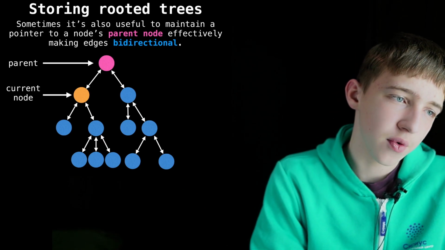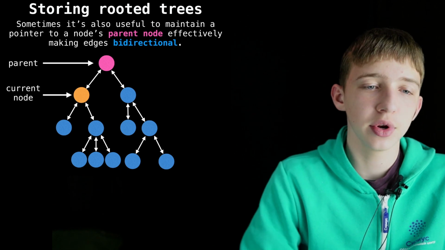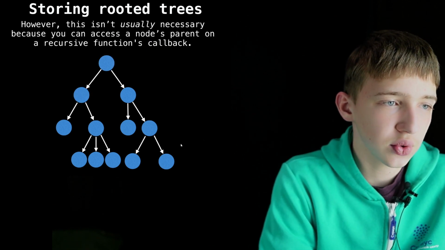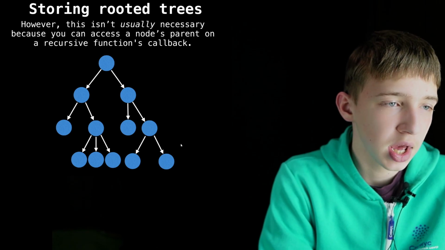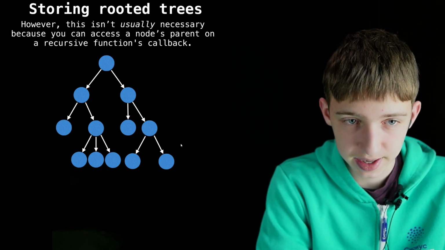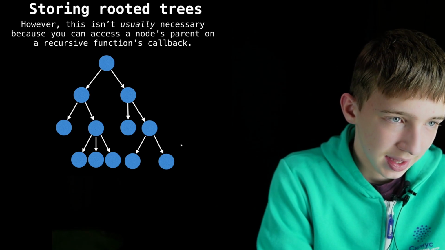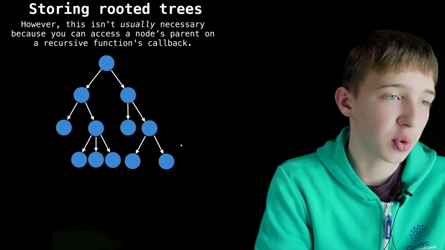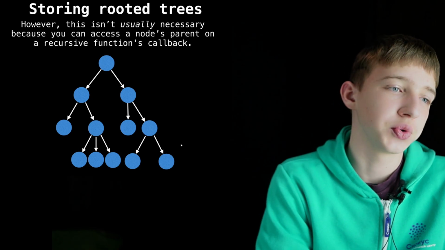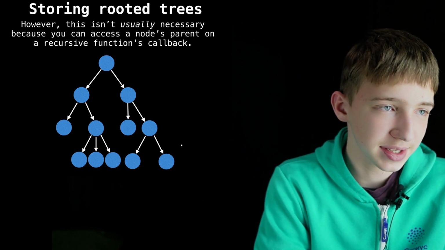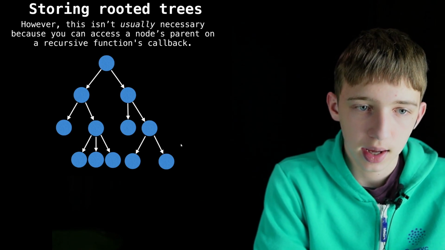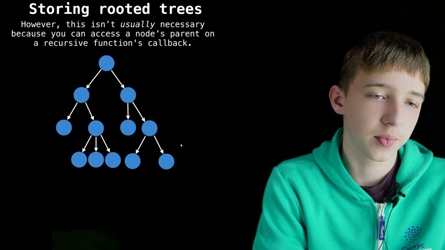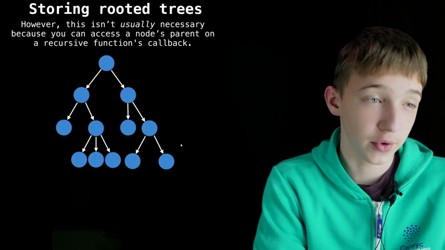In pink, there is a parent node in these slides. Usually it is necessary that we can access a node's parent on recursion function callbacks, to have the ability to make these callbacks on the recursion stack as we pop these elements from the recursion stack.